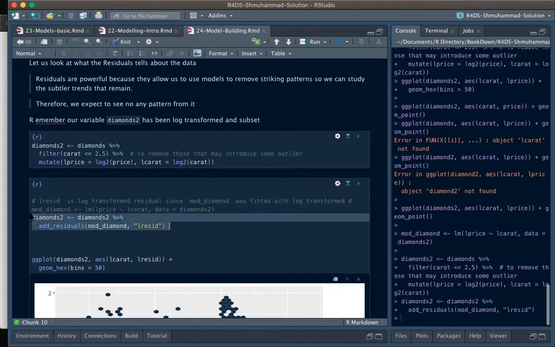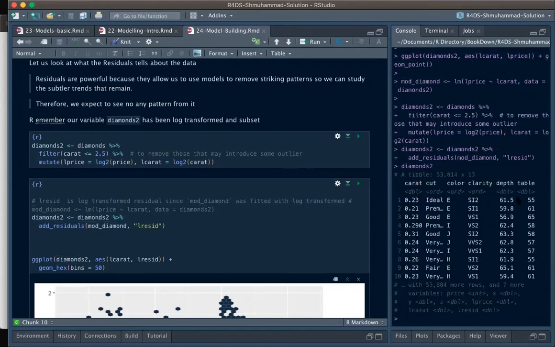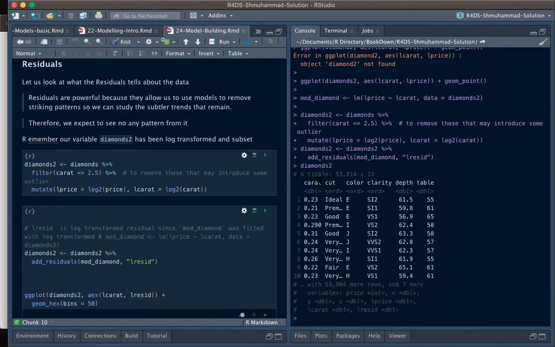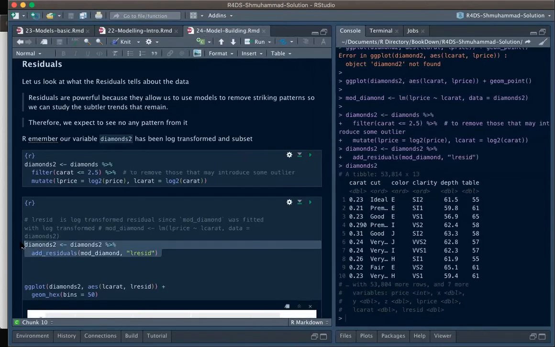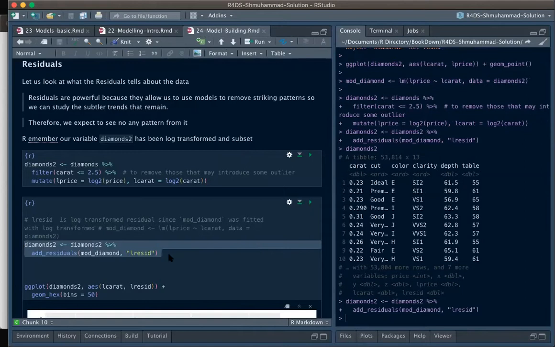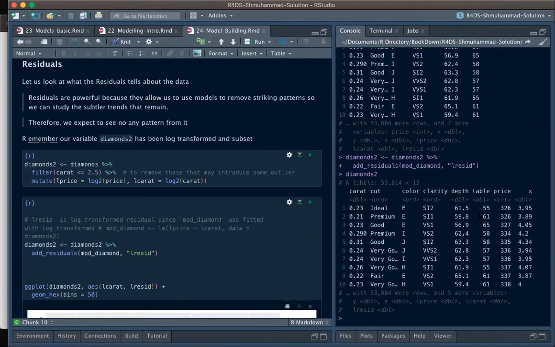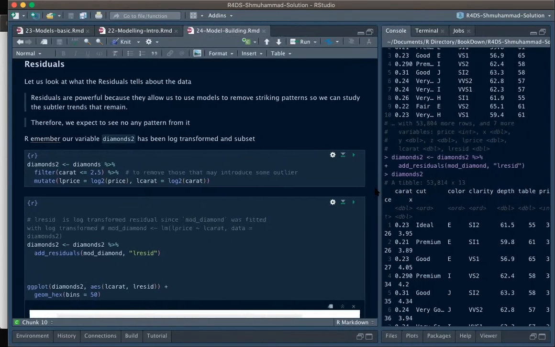So let's see this. What's the meaning of this? We have many columns here, so we cannot see them all.